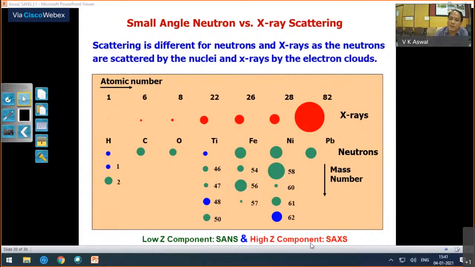And when you have a low Z component where X-ray is not sensitive, like hydrogenous material, then small angle neutron scattering is the best. And of course, you can make use of both of them to look at both low Z and high Z in the systems, and I will be showing some examples tomorrow when I talk about contrast variation in small angle scattering.